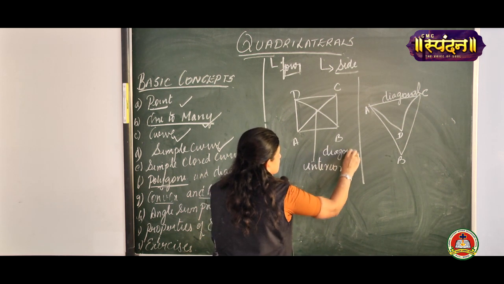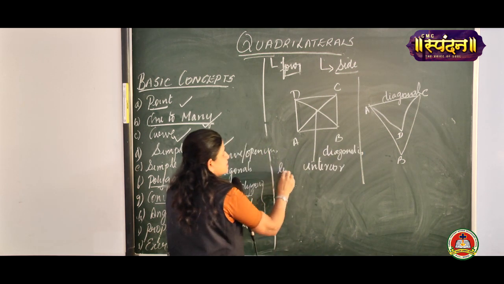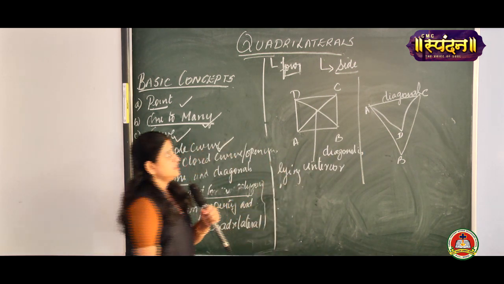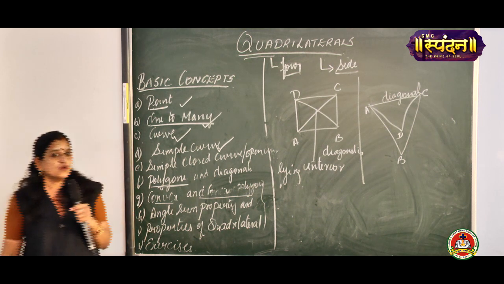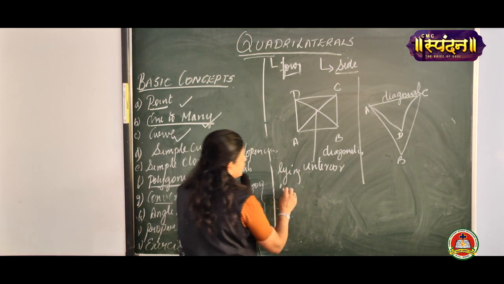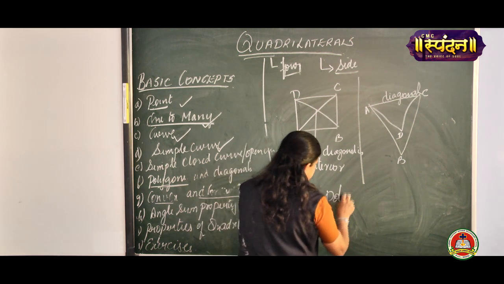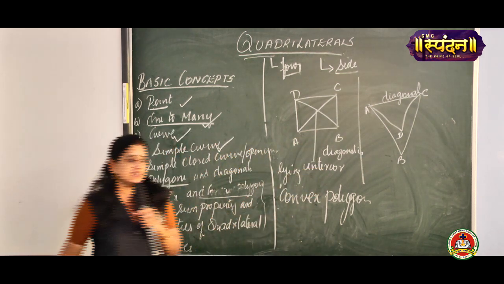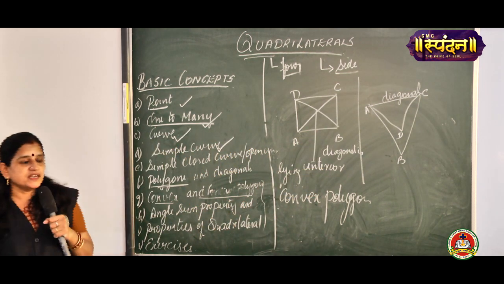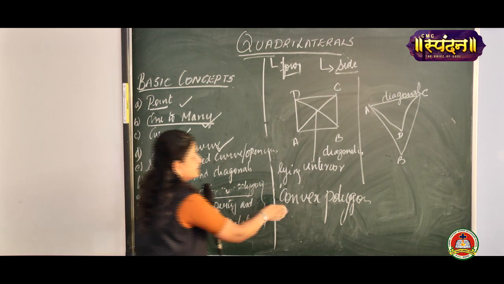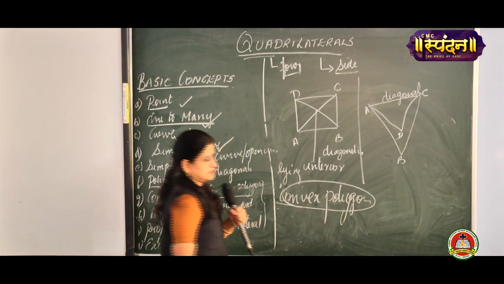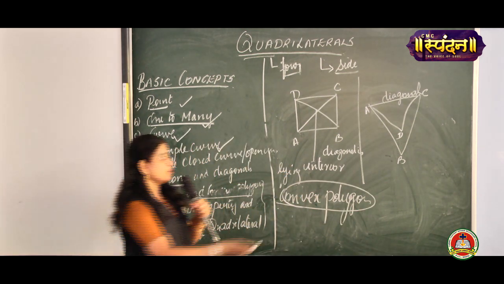The diagonal is lying inside, in the interior. So you call it a convex polygon. So what type of polygon is this? Convex polygon. When the diagonals lie inside the polygon, you call it a convex polygon. What about this?